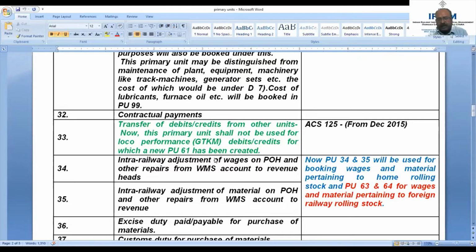The labor portion is PU 34, and the material portion is PU 35. Previously 34 and 35 used to operate for home railway rolling stock as well as foreign railway rolling stock. But in Advance Correction Slip 125, for foreign railway rolling stock, they created PU 63 and 64 separately.